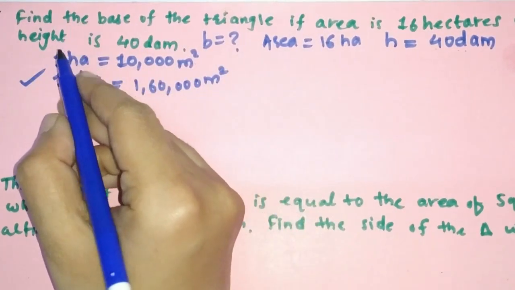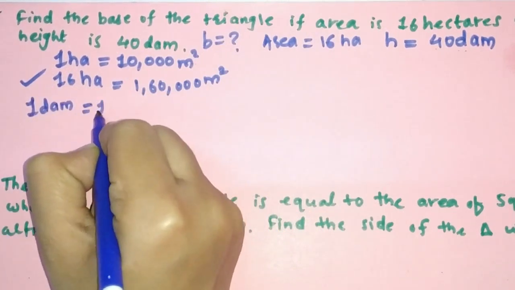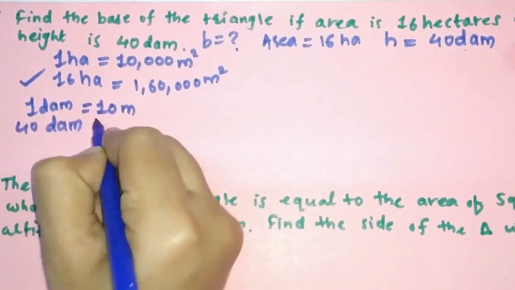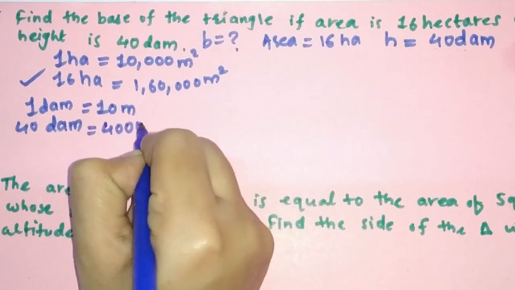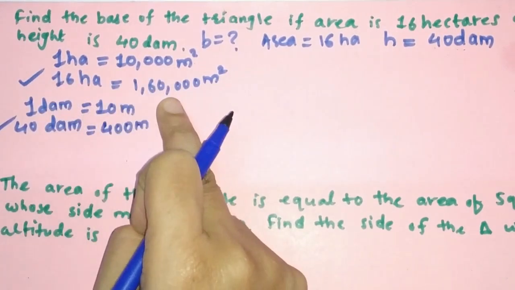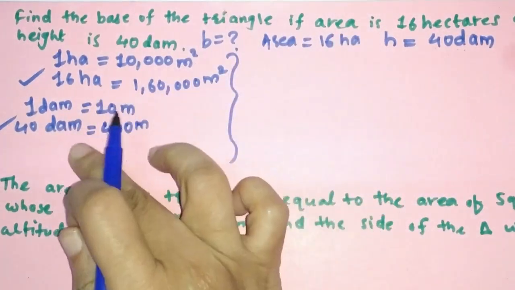Now again we know that 1 decameter is equal to 10 meters and we have 40 decameters, which is nothing but 400 meters. 1 decameter is 10 meters, so 40 into 10 is 400 meters. So now the conversions are over.